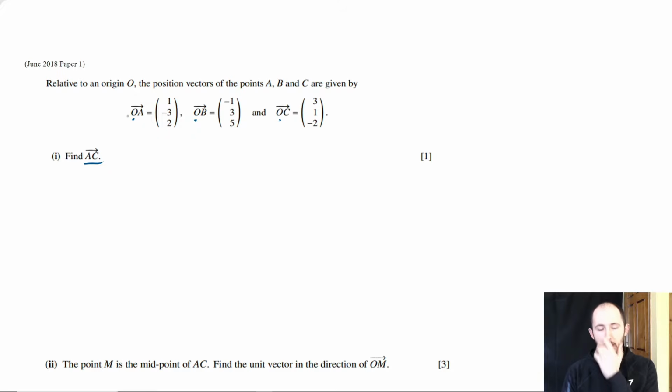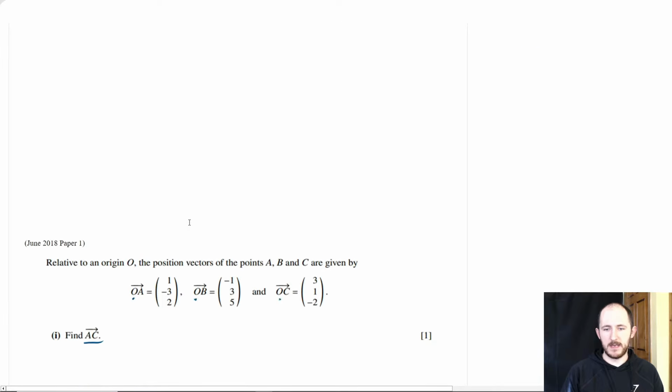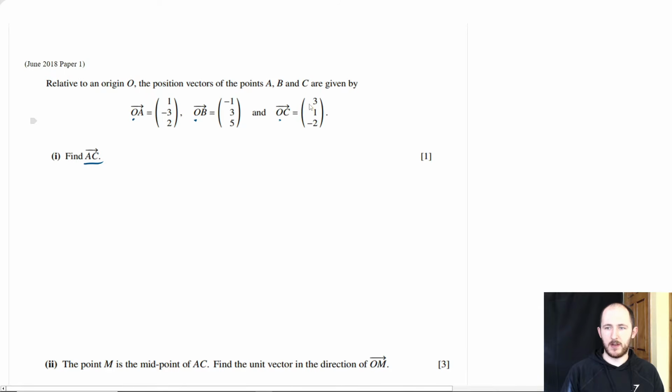When you're working out AC, if you remember what it looked like geometrically, we put them tail to tail, and we subtract one vector from the other. We take the second vector and subtract the first vector from it. So when we do AC, we're taking the position vector for C and subtracting A from it. That's the way I remember it. If you're unsure, you can always draw a little diagram and have a look.